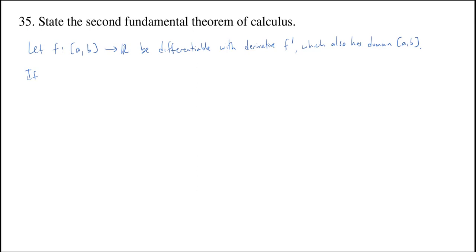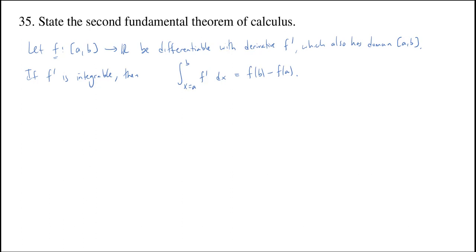So if f prime is integrable, then the integral of f prime over this interval a, b is simply going to be the net difference of its antiderivative, which is this original f, at the endpoints of the interval. Okay, there it is. There's the second fundamental theorem.